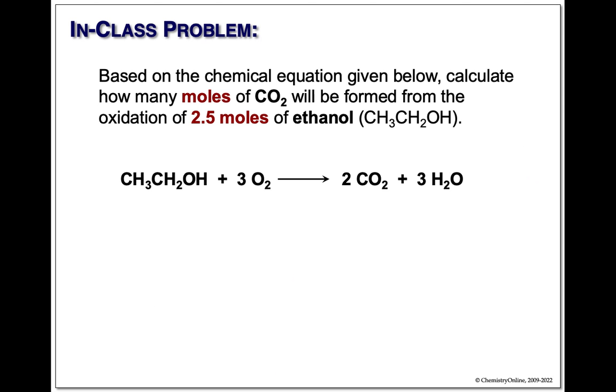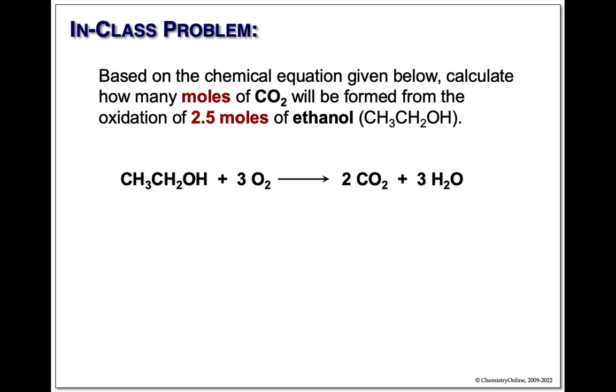It's balanced, okay? In this problem, we want to know how many moles of CO2 we're going to get if we have 2.5 moles of ethanol. Now we're burning this in the presence of excess oxygen. It's just in the room. So, oxygen is in excess.